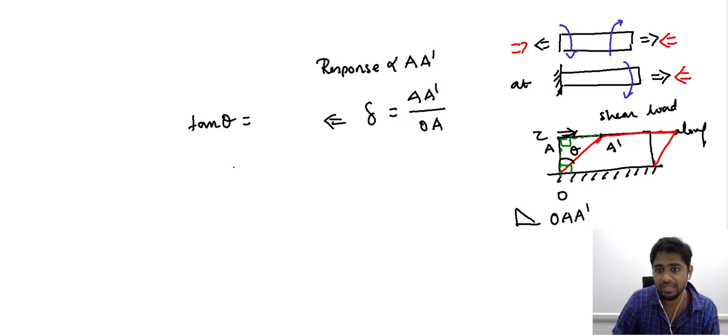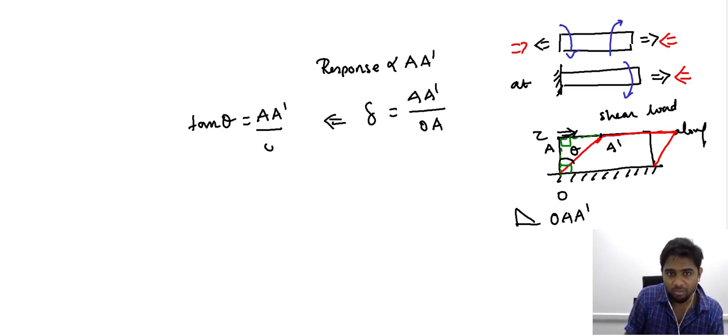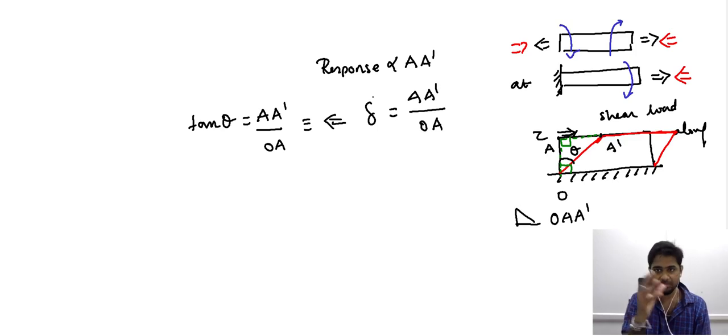When you consider tan theta, it is nothing but A prime by OA, which is equivalent to the shear strain that we observe. So the shear strain can be defined in two ways: shift in the corners and the loss of orthogonality, the angle that is introduced because of this loss of orthogonality.